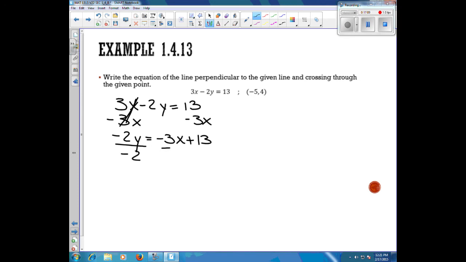Divide by negative 2. And we get y equals positive 3 halves x minus 13 over 2. And so our given slope is positive 3 halves.